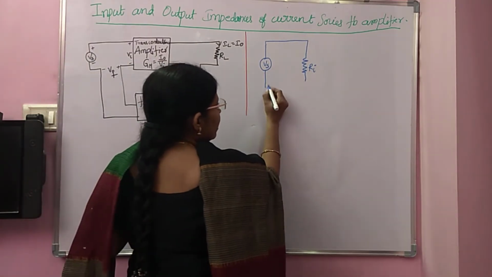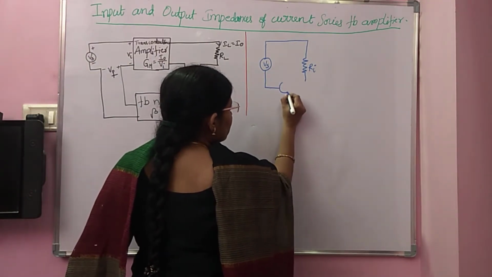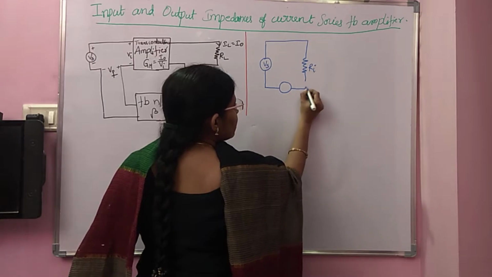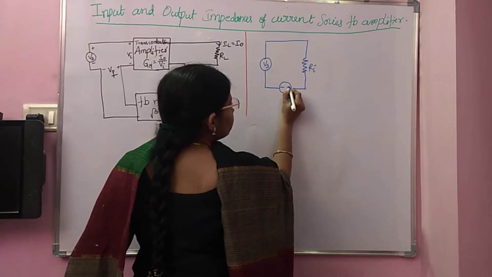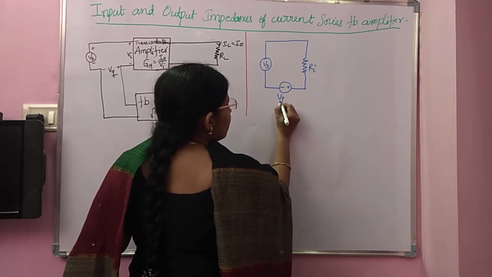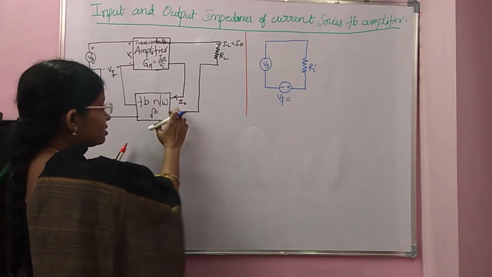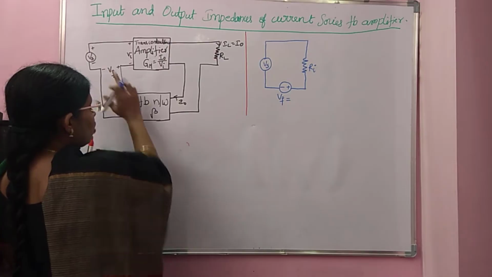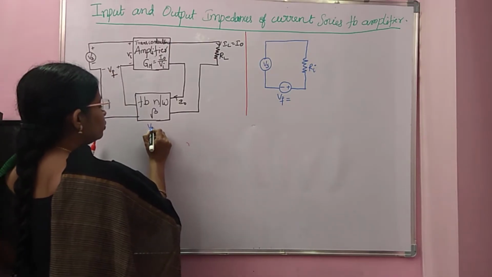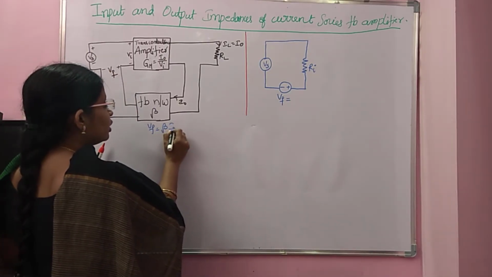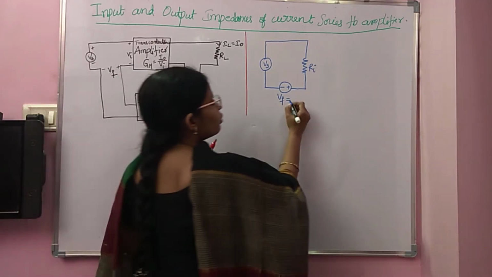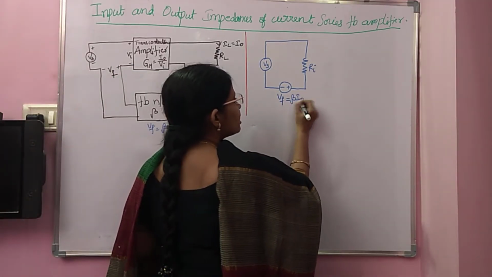So on the input side, you have to connect the feedback voltage like this. What is this Vf? As the output of the amplifier is current, Vf is equal to beta I naught. So here you have to write Vf as beta I naught.